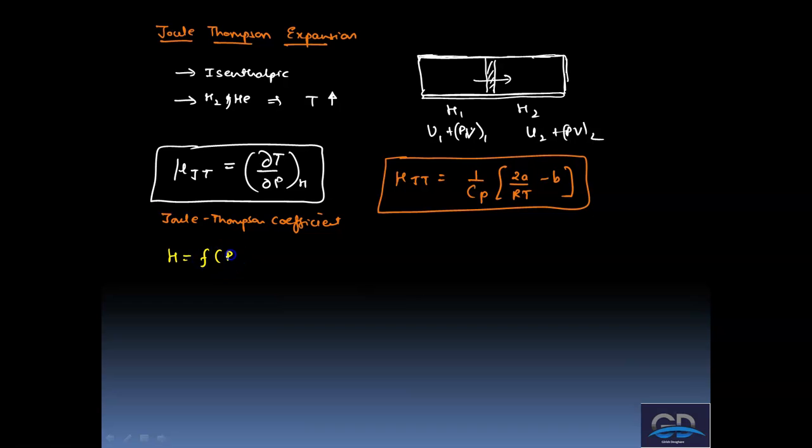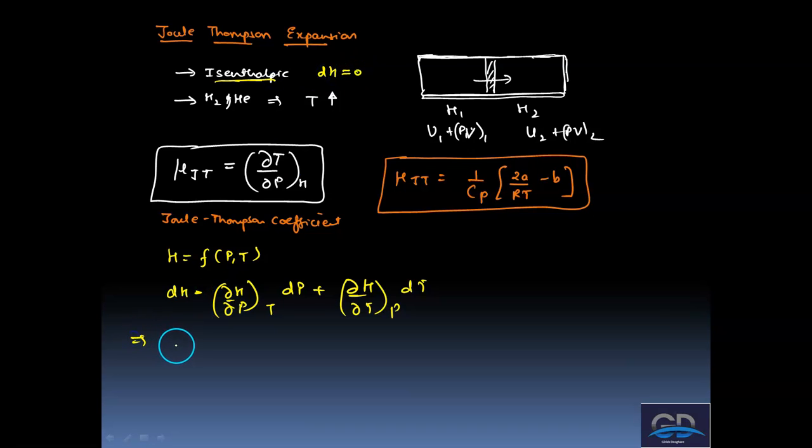Enthalpy is a function of pressure and temperature. So the total derivative I can write as the partial derivative del H by del P at constant T times dP plus del H by del T at constant P times dT. For the process, because it is isenthalpic, we know dH is equal to 0. So if we equate that, from here you can see that del H by del P at constant T times dP is equal to minus del H by del T at constant P times dT.